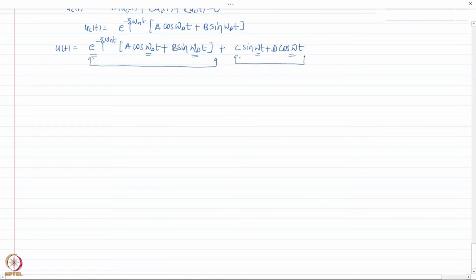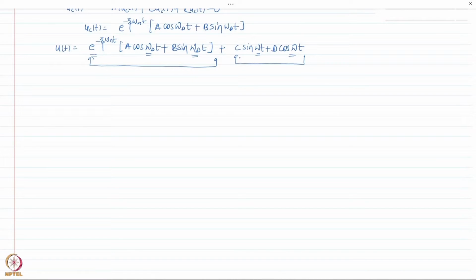As we said, the term that vibrates at the frequency of the structure, which in this case is omega d, is called the transient solution. The name transient was not very clear when we were discussing undamped harmonic motion. However, in this case, now you can see why we call it the transient solution.